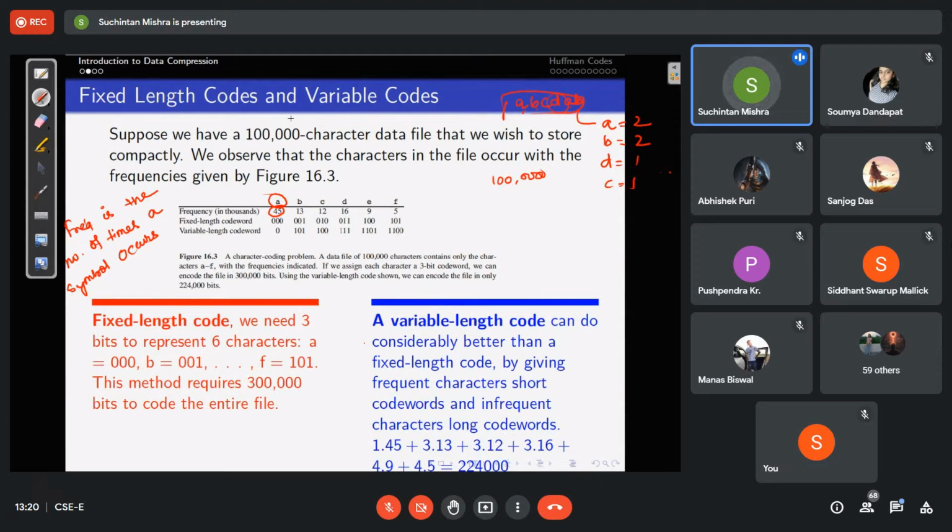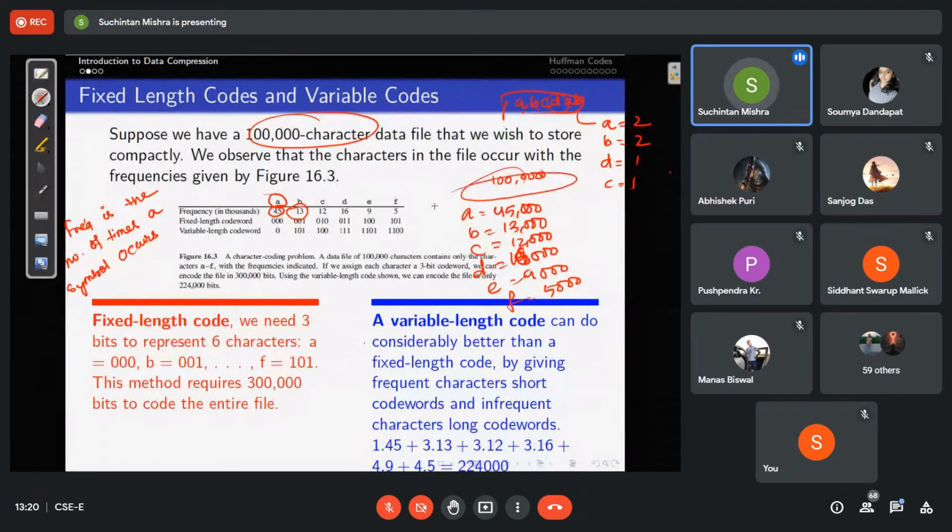Suppose now we have a large file which is 100,000 characters long. In that, the frequency of A is given as 45,000, B is 13,000, C is 12,000, D is 16,000, E is 9,000, and F is 5,000.